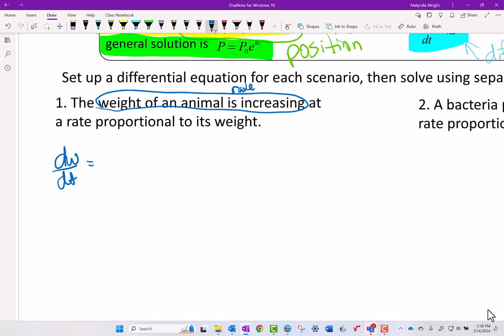The weight is increasing at a rate, dW/dt, proportional to its weight. That's direct proportionality, proportional to its weight.